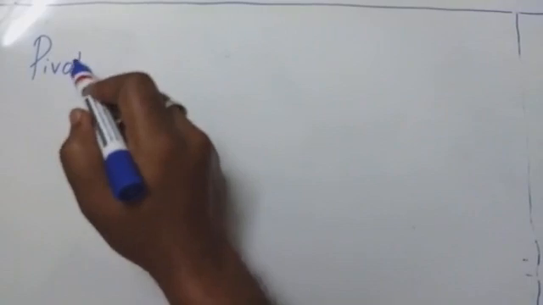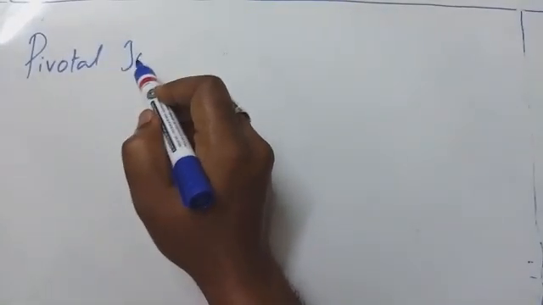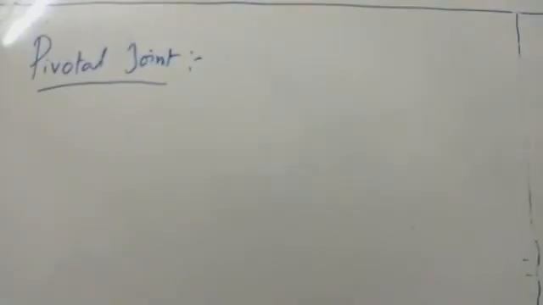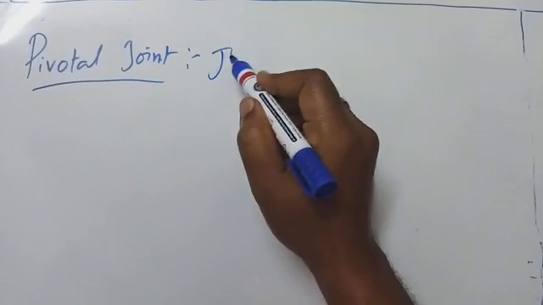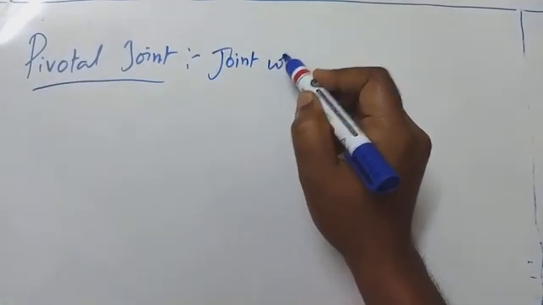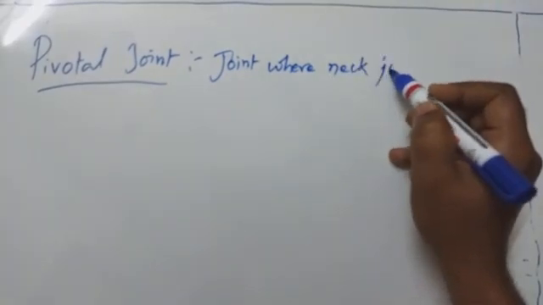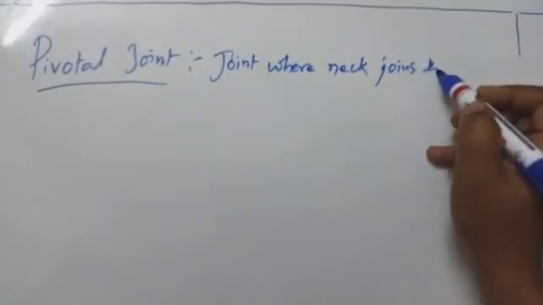Next, pivotal joint. What is pivotal joint? The joint where the neck joins the head.